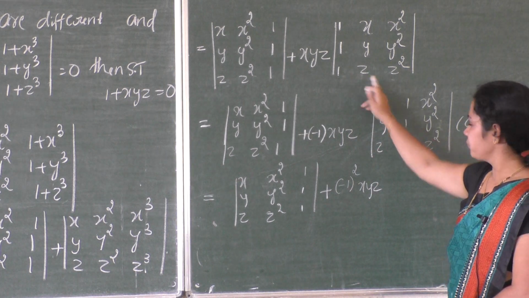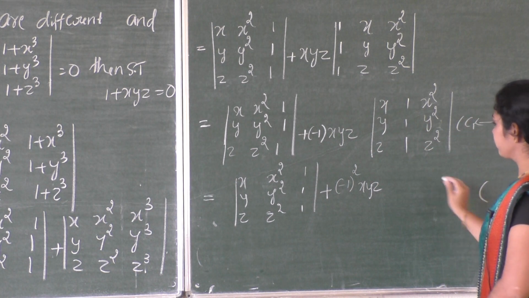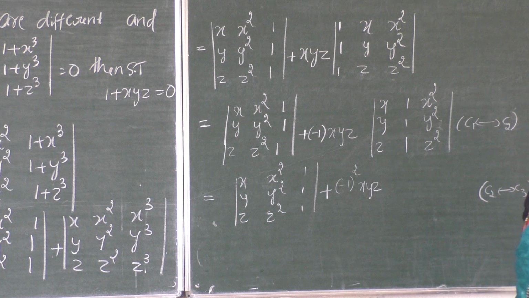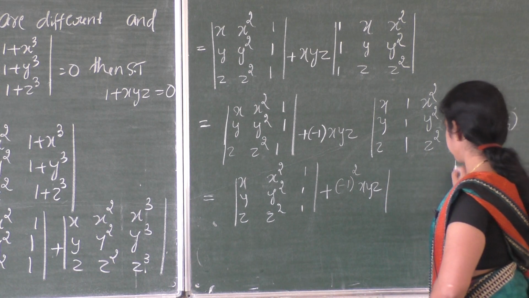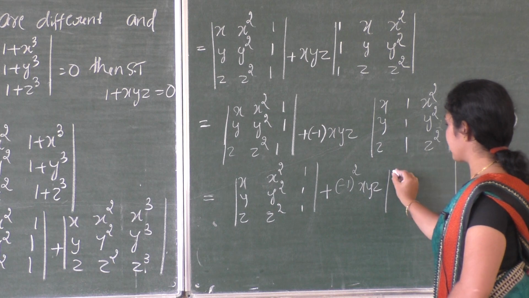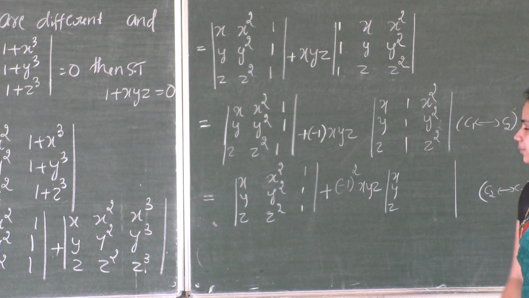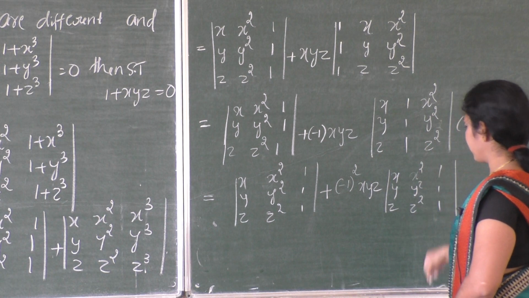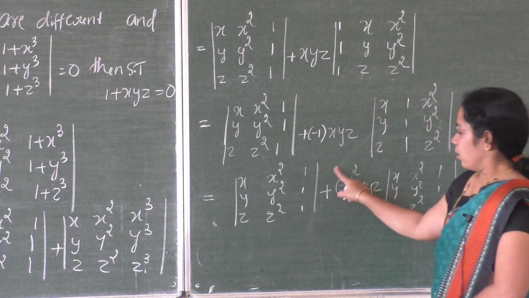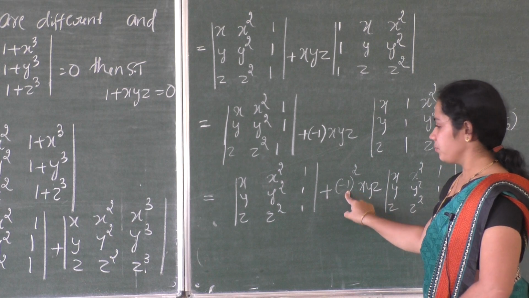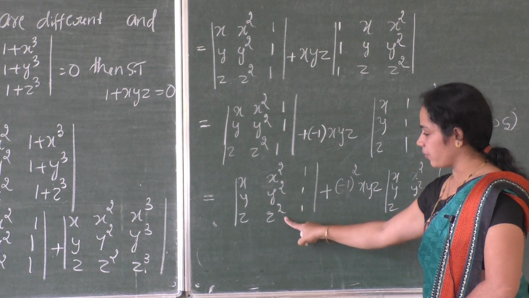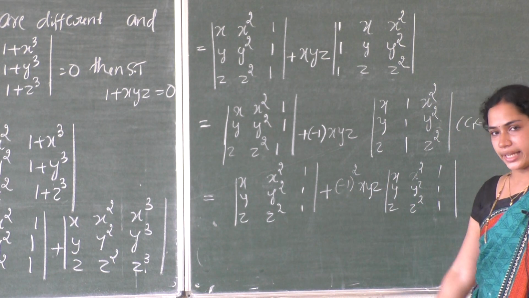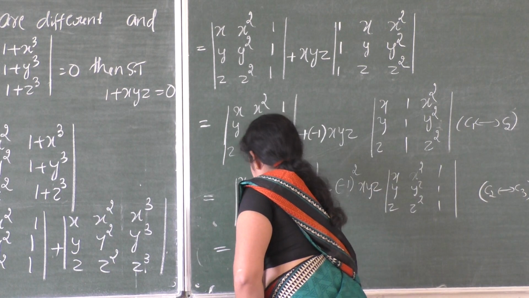Now we interchange the second and third column, that is C2 interchange with C3. First column as it is, then x square, y square, z square, and here we have 1. Now minus 1 whole square is 1, and we get x, 1, 1, 1.